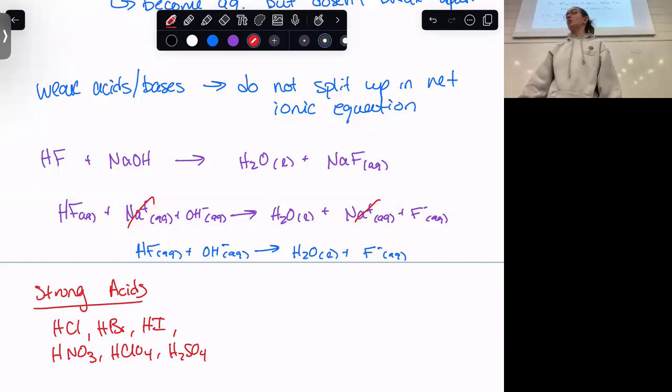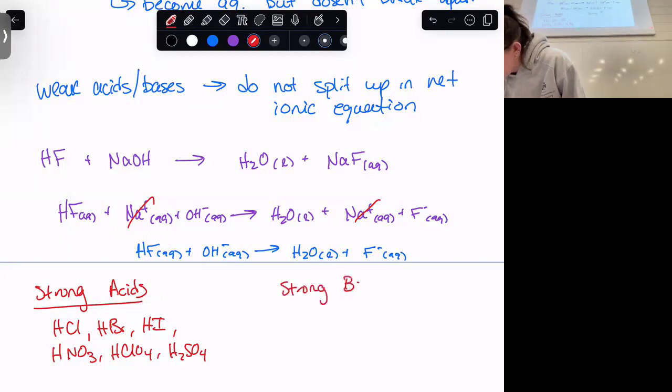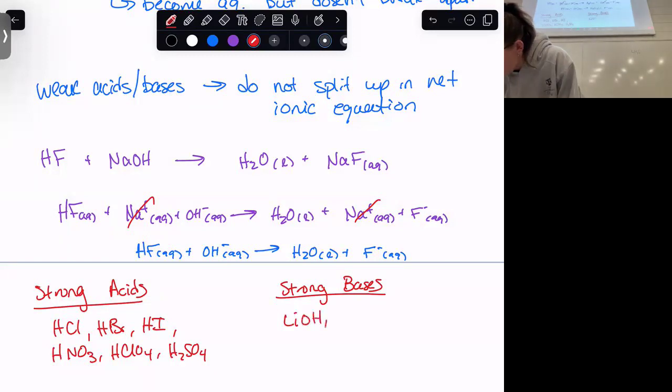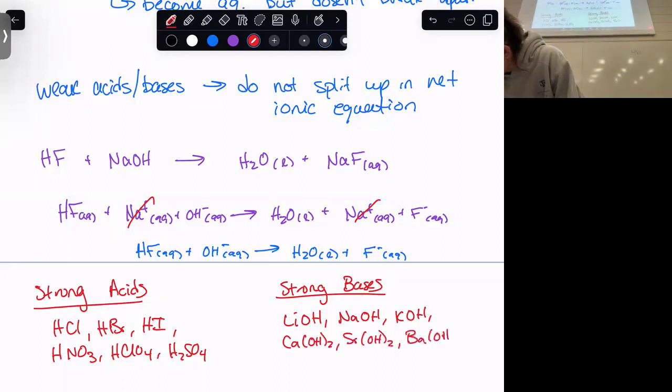Like H3PO4, that is a weak acid. And then your strong bases, which are not as well known, but common, are lithium hydroxide, sodium hydroxide, potassium hydroxide, calcium, strontium, and barium hydroxide.